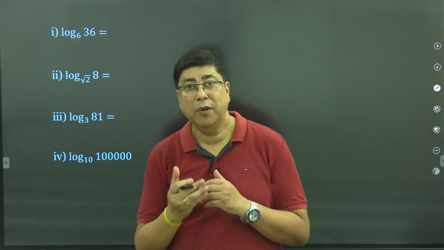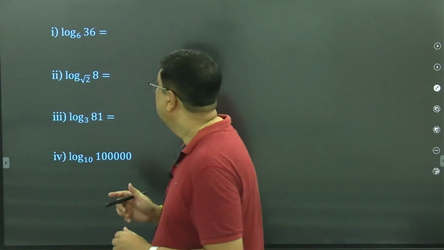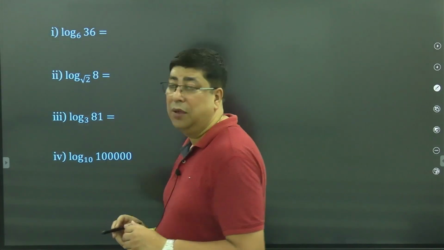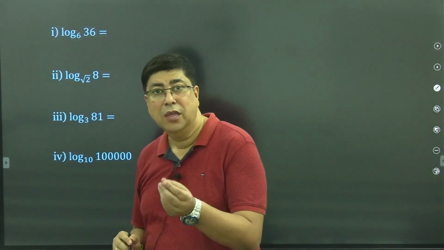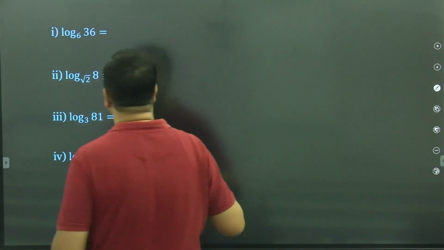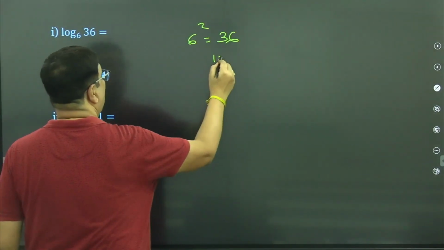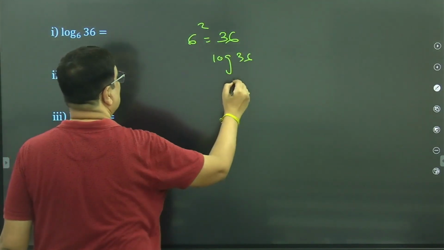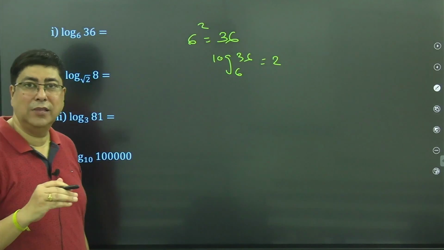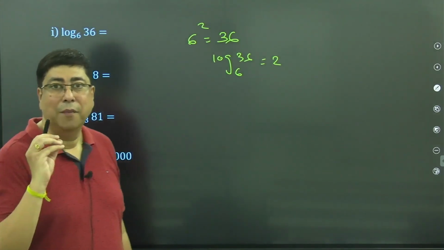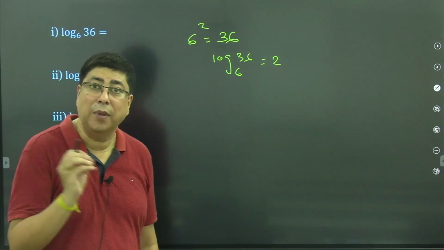Then only your skill development will happen, which is very important for IIT. So here, for log 36 base 6, what should the power of 6 be so that it becomes 36? 6 squared equals 36, so log 36 base 6 equals 2. We have to think like this, but the direct formula is there.